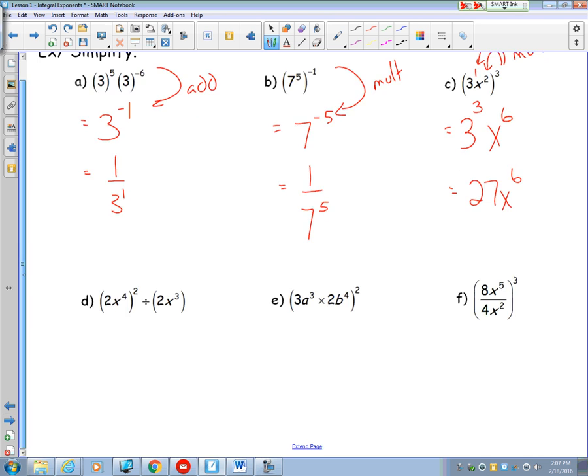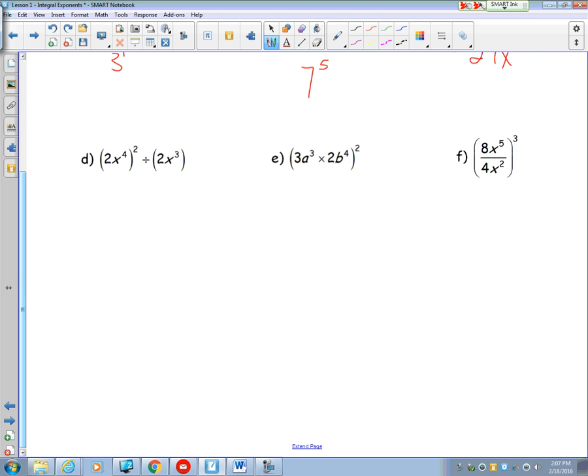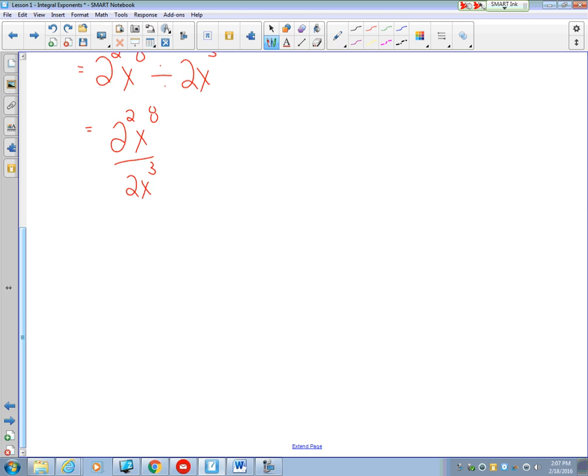Yeah, let's take a look at D. What do I need to apply this 2 to? I've got to apply it to everything inside the bracket. So I need to get 2 to the 2 and x to the 8 divided by 2 and x to the 3. Well, divided by, I could, if I really wanted to, write this out as 2 to the 2 x to the 8 over 2 to the 1 x to the 3. It might be easier to think of it that way to remind myself that if my bases are the same, I'm supposed to subtract my exponents.